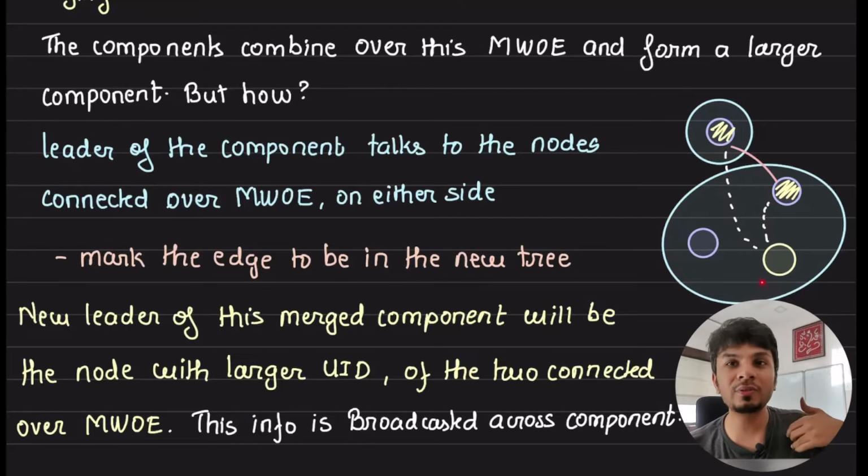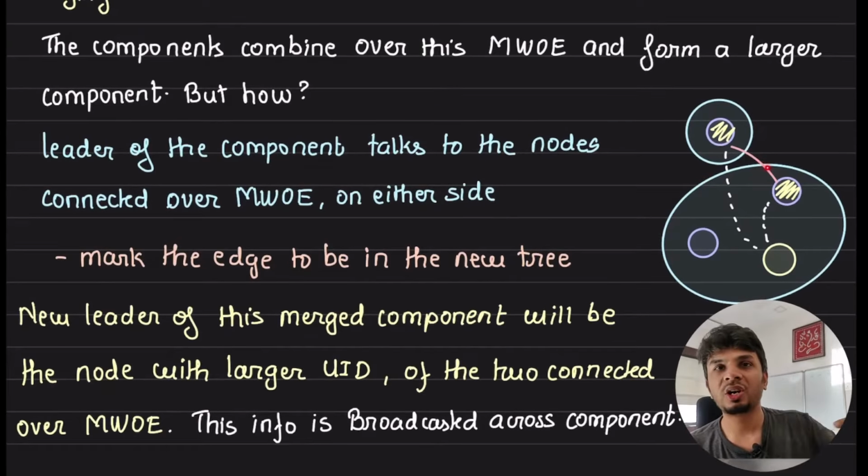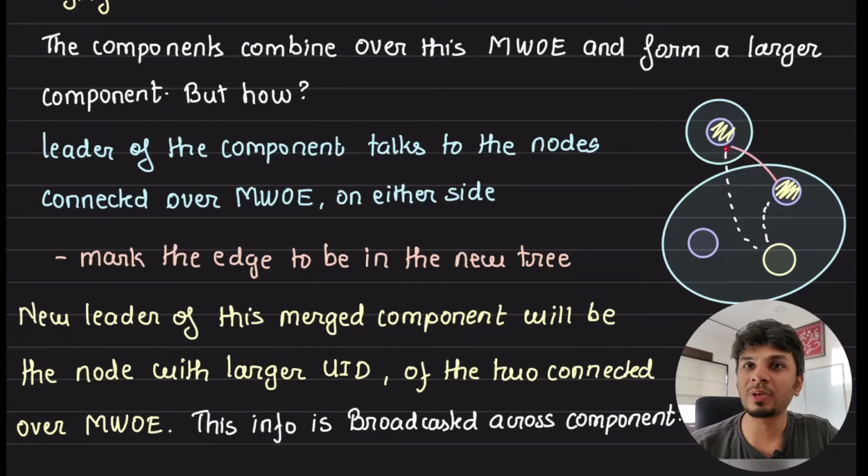So now what would the leader do? The leader would tell both the nodes to mark the edge as belonging to this component now. Because we have two components, if the edge connecting these two components is marked to be part of this one component, then it's basically like merging the two components.